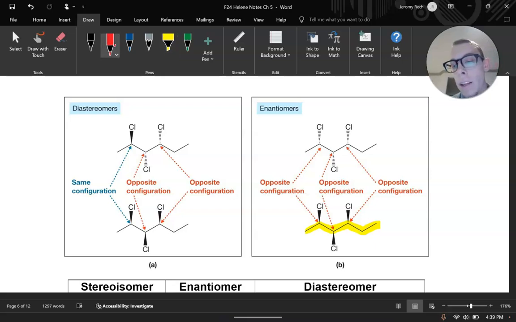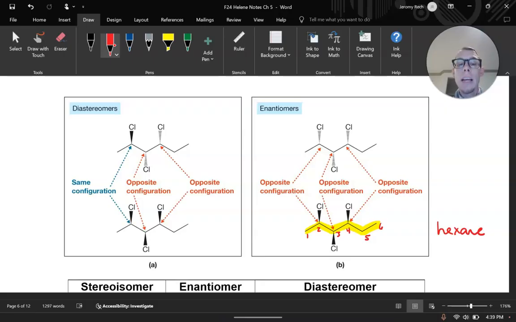In terms of naming, my numbering would be 1, 2, 3, 4, 5, 6. So this would be a 2, 3, 4-trichlorohexane. The position at 2, position at 3, and position at 4 all have the ability to determine an R or S configuration.